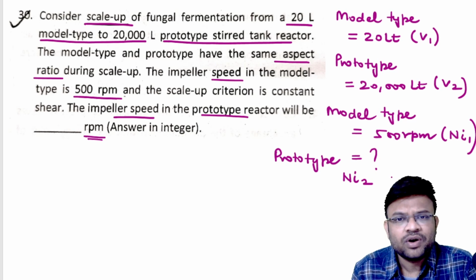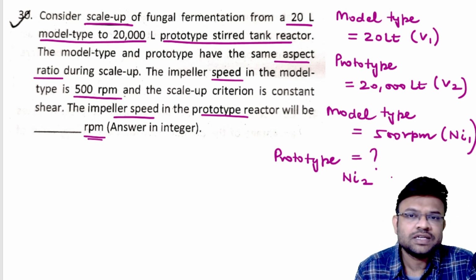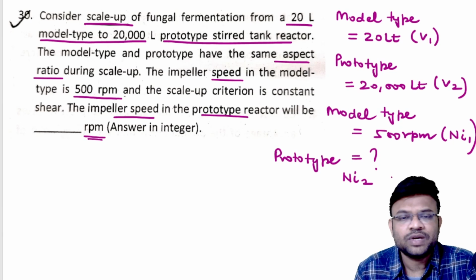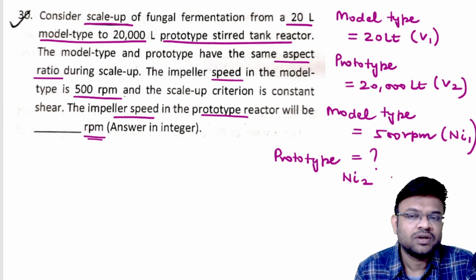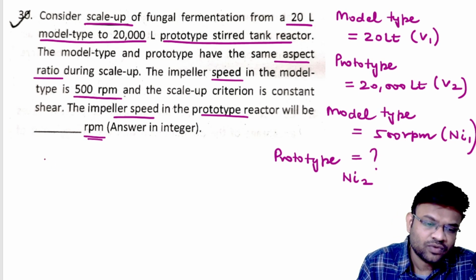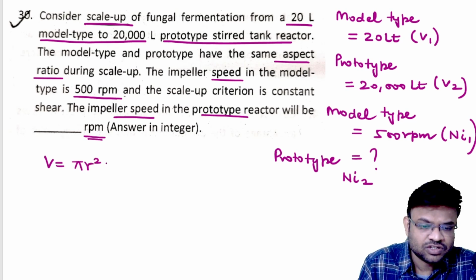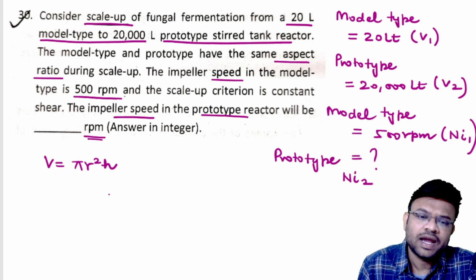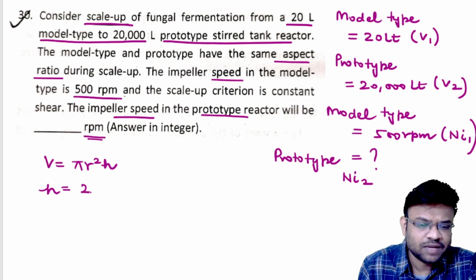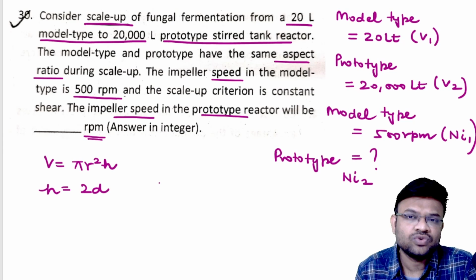Now one important aspect that I want to bring to your notice, because it is going to be important in other questions also. Remember that there is a very important relationship between the volume and the diameter of a fermenter. You would be knowing that the volume of a fermenter is pi r square h, and in general the height of the fermenter can be represented in terms of the diameter as 2d.